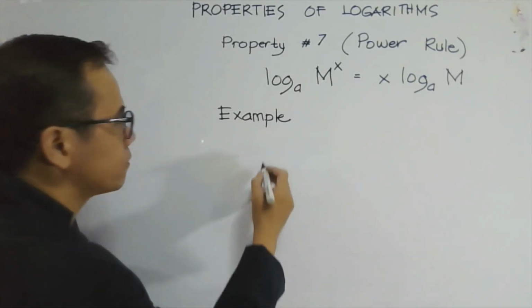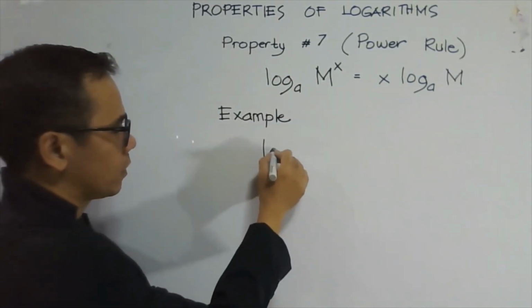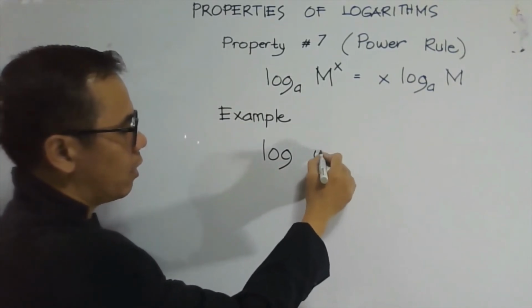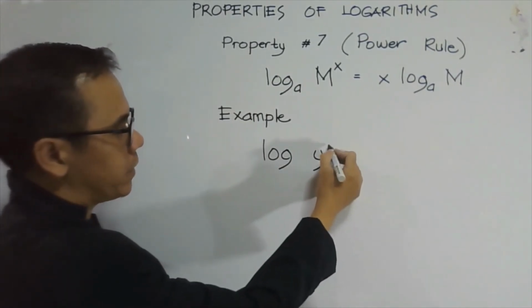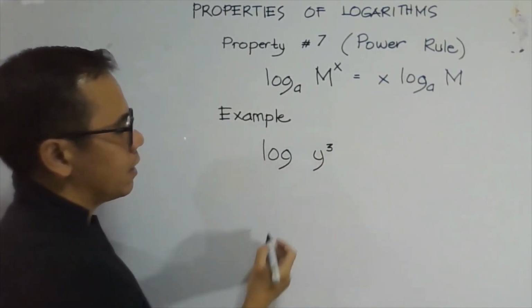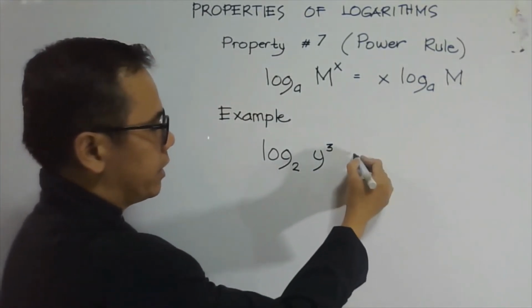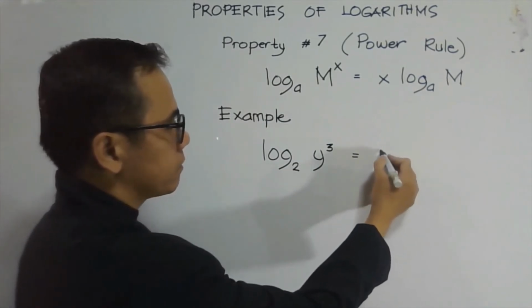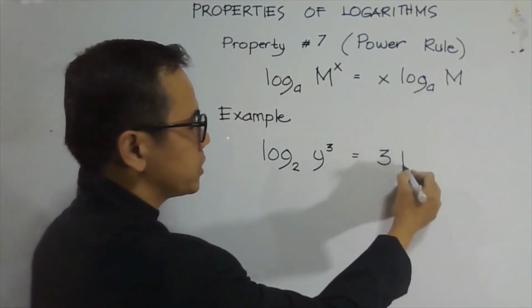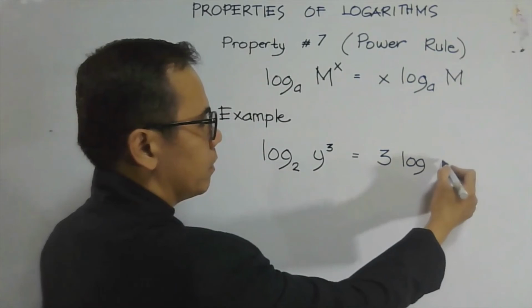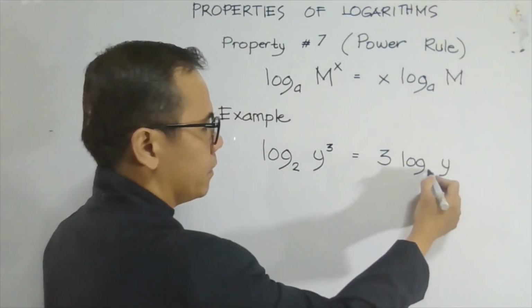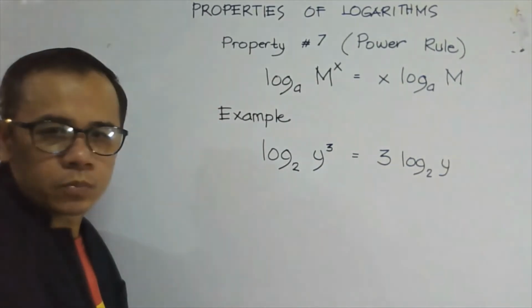For example, the logarithm of y raised to the power of 3 base 2 is equal to 3 times the logarithm of y base 2.